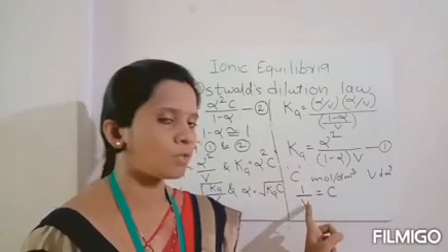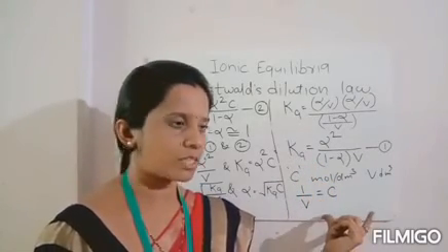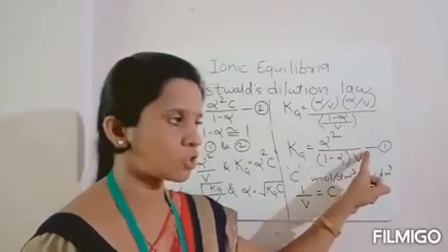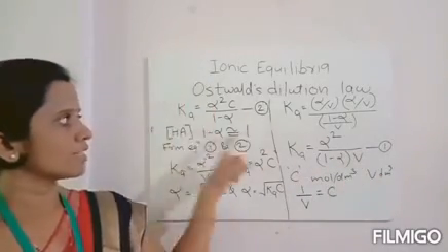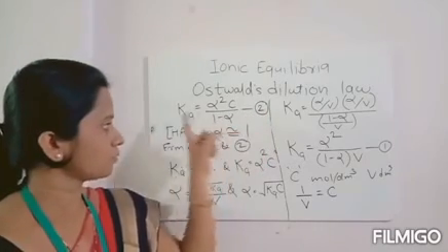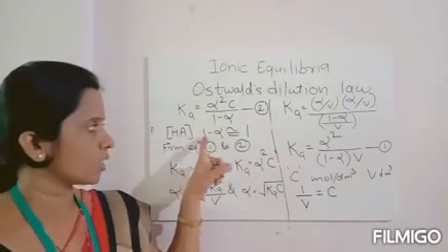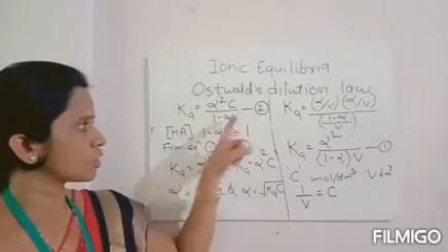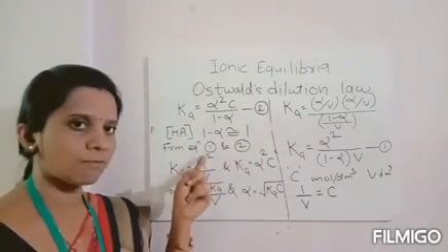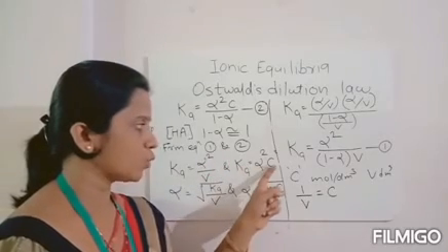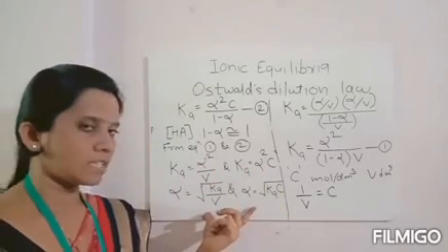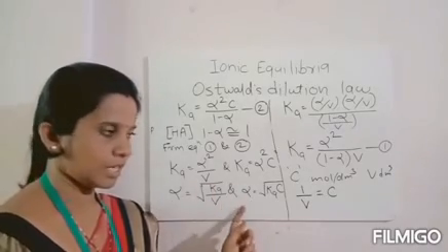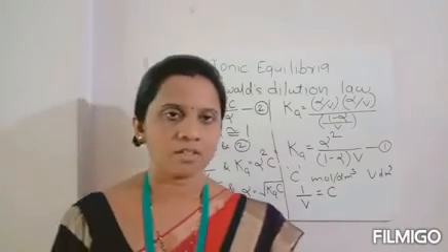Then 1 upon V is equal to C, and substituting it in expression 1 gives expression number 2. Now for weak acid, 1 minus alpha is almost equal to 1, therefore equations 1 and 2 become Ka is equal to alpha square upon V and Ka is equal to alpha square C, and finally we get the expression for the degree of dissociation. Thank you.